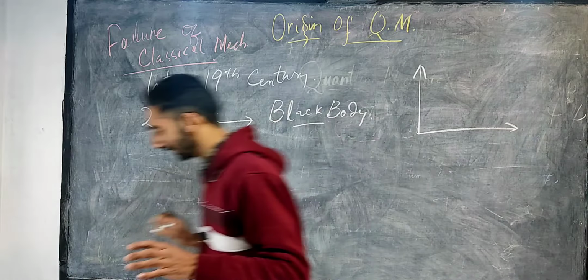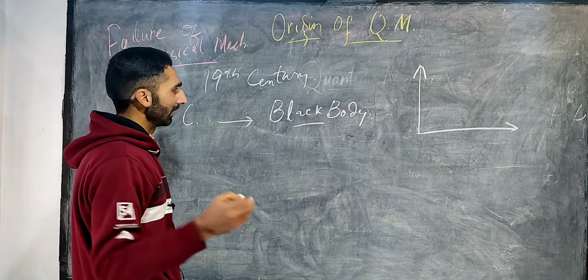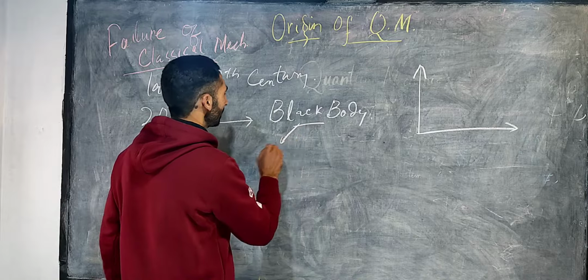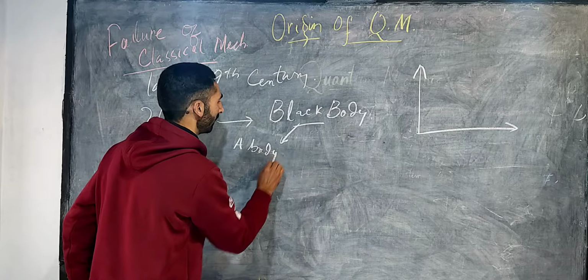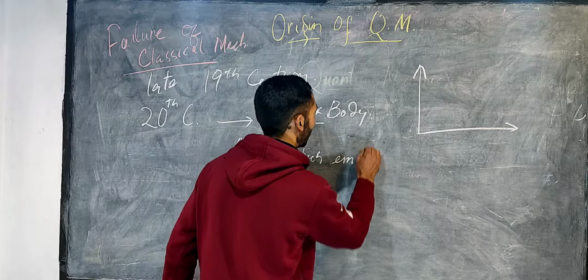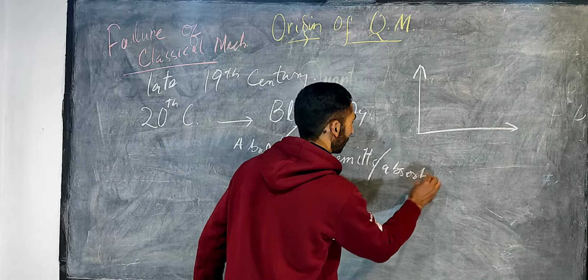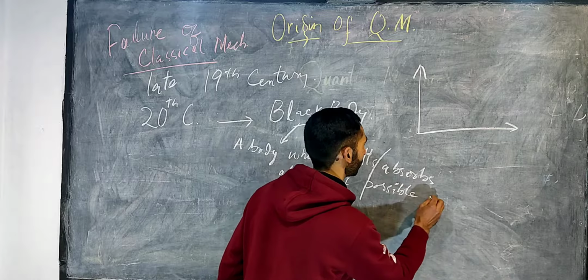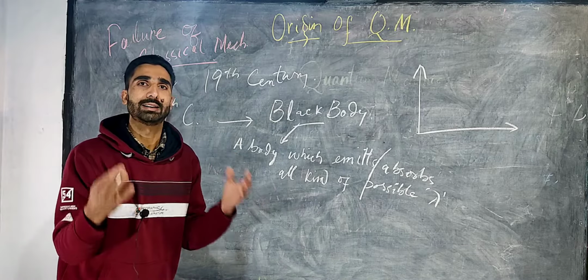First of all, I will discuss a bit about the black body, as you might be well aware of black bodies as well, but I will give a simple definition. A body which emits as well as absorbs all kinds of possible wavelengths of light, of the electromagnetic radiation.